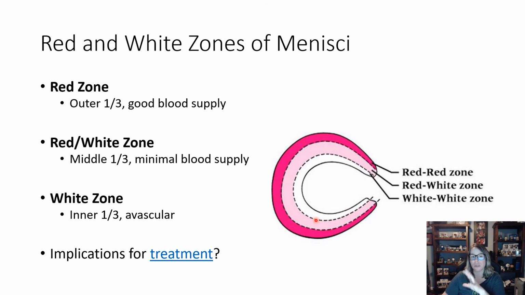Now, in regards to treatment, if you tear in the red zone, it's an easy repair because there is enough blood supply that it could allow that meniscus to heal. However, a lot of injuries are here in the red-white or white-white zone. And that really does not bode well for repair.